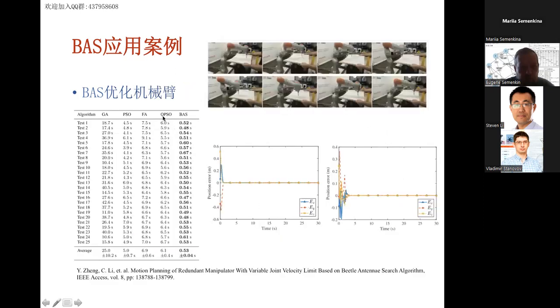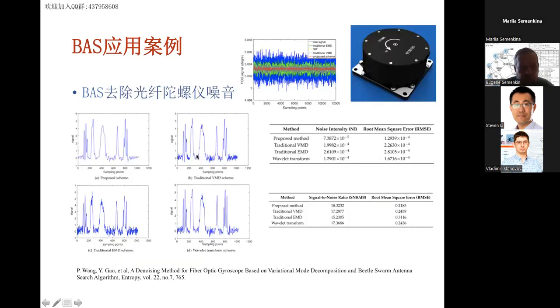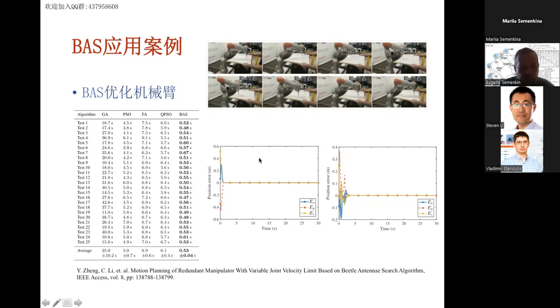This is another application which uses the algorithm for control. This is a KUKA robotic arm, which has achieved great results.